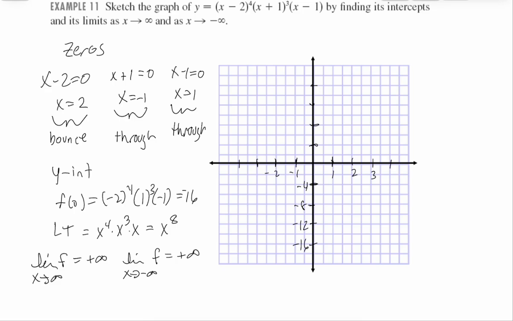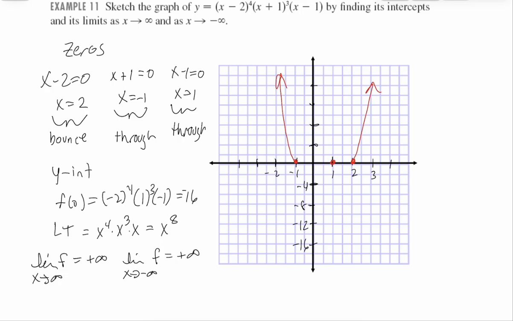Okay. When graphing a factored form polynomial, put on your zeros. So we have zeros at 2, negative 1, and 1. Then put on our ends. Our left end goes up, our right end goes up.